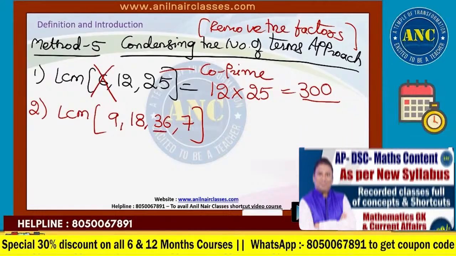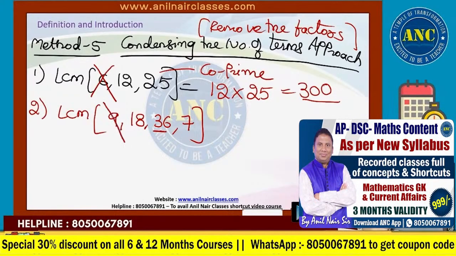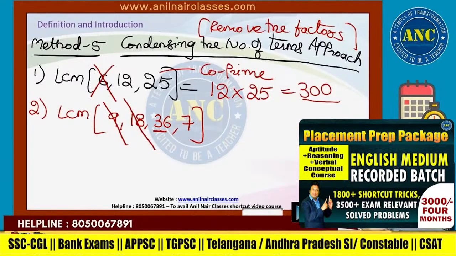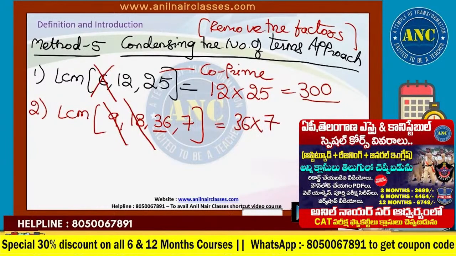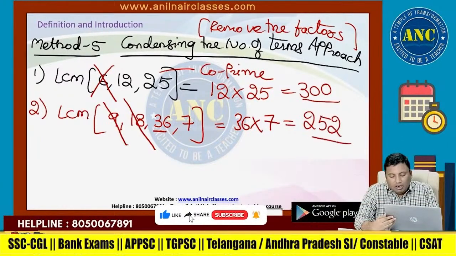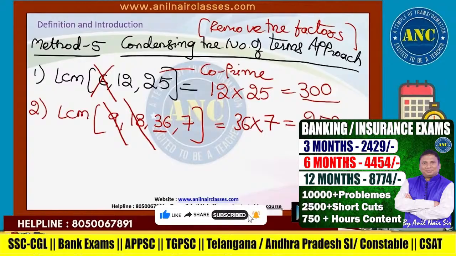Take the number 36. 9 will divide 36, so remove it. 18 will divide 36, so please remove it. The answer is nothing but 36 and 7, which are co-prime to each other. So the answer for this question is 252.